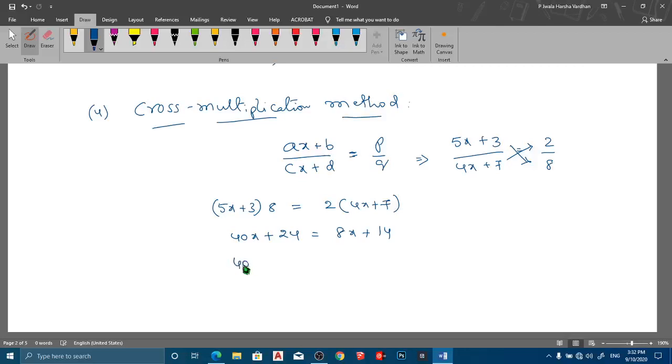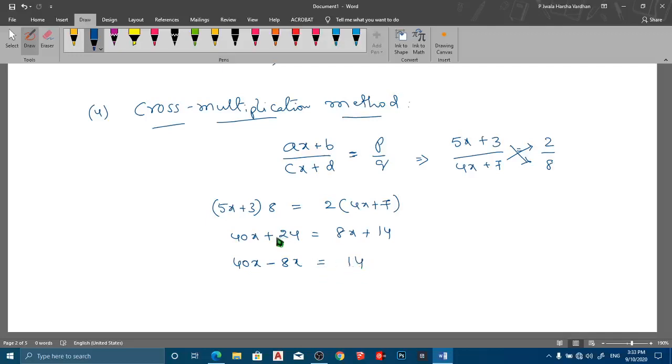So first you keep the 40x, which is the variable, on the left side only, and send this 8x to the left side, which will become minus 8x. Because it is plus 8x, we write it as minus 8x. And now keep the 14 on the right side as it is. You should write this number as the first term in the RHS.